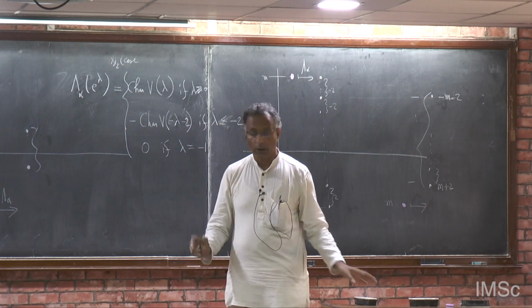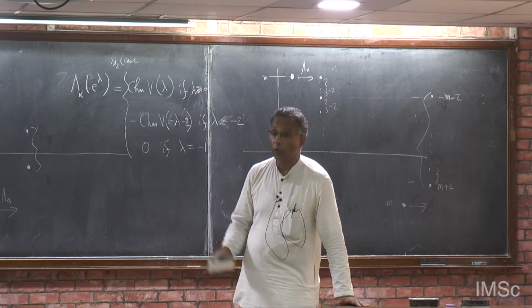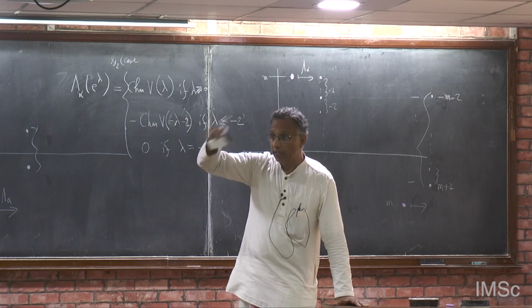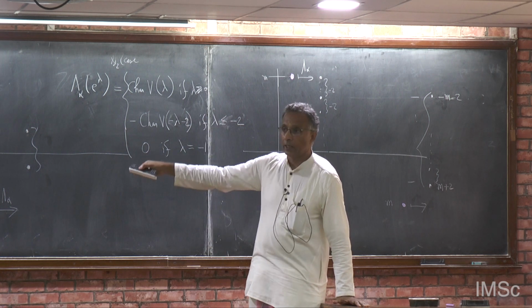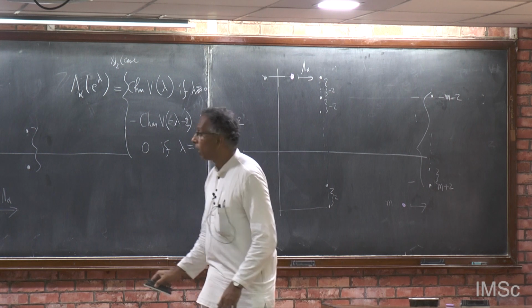So again, like in the proof of what did we prove? The Weyl group action on the set of paths, we had to check the braid relations, right? So similarly, you can check that the braid relations are satisfied. So I am not checking that.